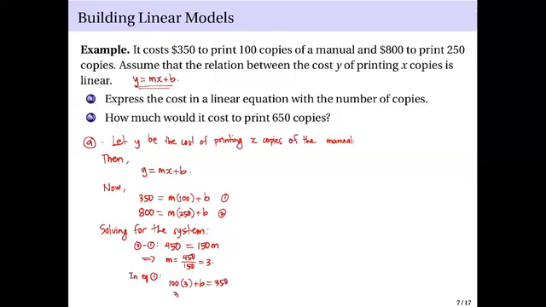Or we have here 300 plus b equals 350, so b equals 350 minus 300, and this is equal to 50.